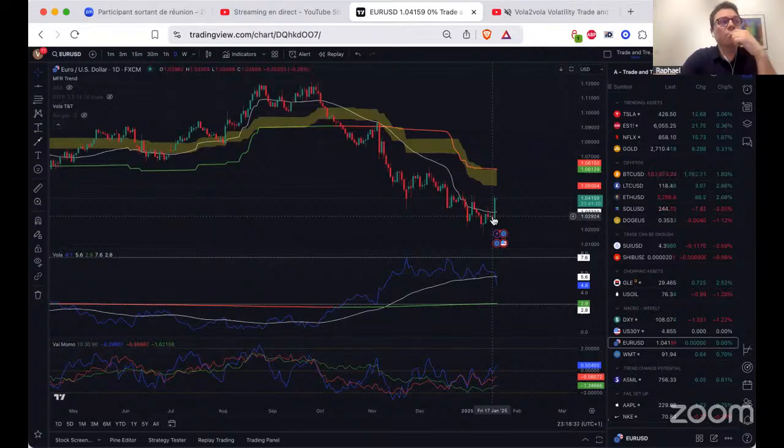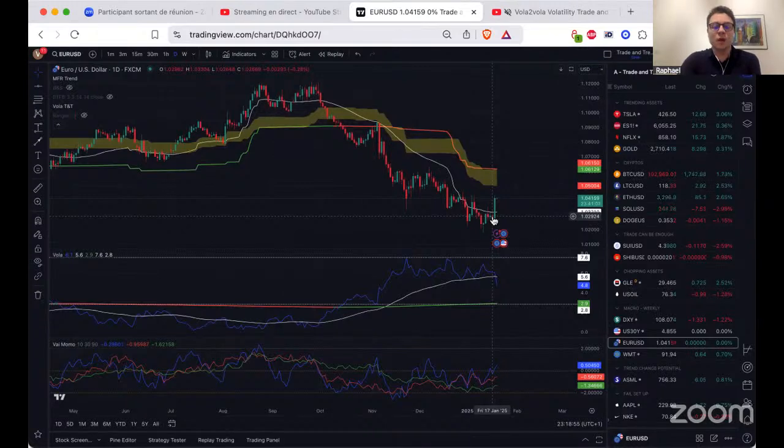And actually, I think a lot of macro guys thought that, because if you monitor the CAC 40, for instance, it just went parabolic for the past 4 or 5 days. My bet is because they are expecting the dollar to top and EUR/USD to bottom.